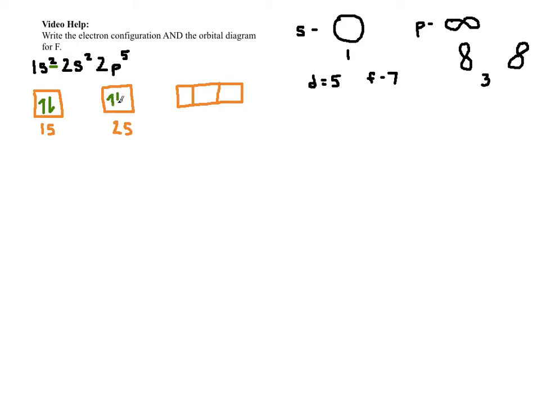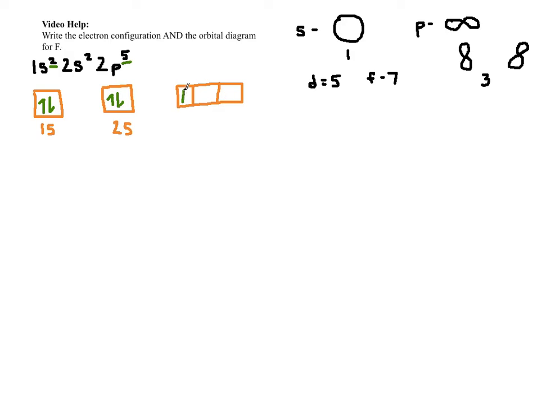Again, for the 2s, because there is a 2 right here, I'm going to have spinning up and spinning down. Now the last rule for you to know is Hund's rule, and what he said was that electrons are going to fill each orbital and they're going to have the same spin, and then, and only then, once they're completely filled, can you go in and have electrons with opposite spins. So what that tells me for this one, I need 5 electrons, so I'm going to add electrons into each orbital and they will have the same spin.